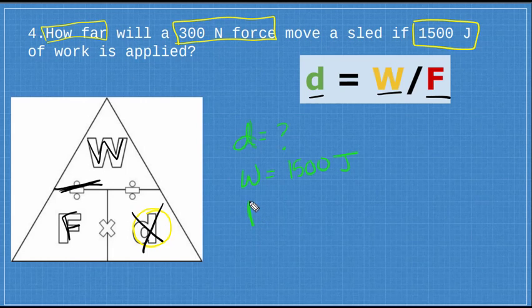And my force, remember force is measured in newtons, is 300 newtons. So I'm going to use the equation distance equals work divided by force, or distance equals 1,500 divided by 300. I'm going to type that into my calculator and find out that my distance is going to be 5 meters. Remember that distance is always measured in meters. I need to include those units every time.